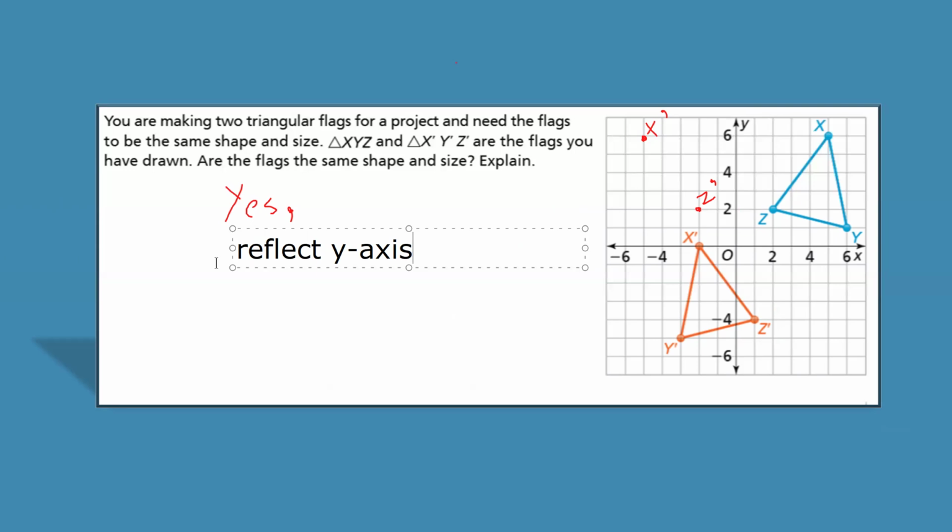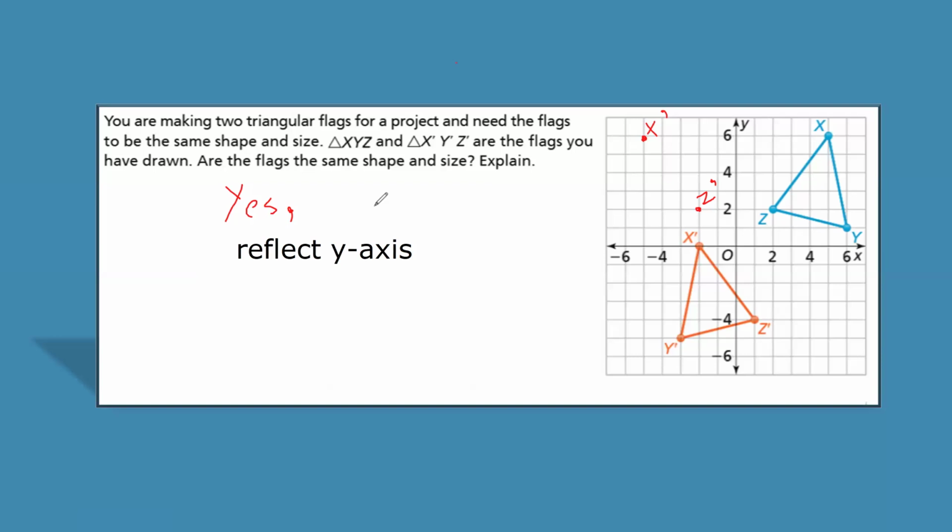Then what happened? My point Z is here. How did it become there? I told you before, choose one point and work with it. Don't choose all points at the same time. So only 1 point. I will focus on Z prime. How did it move from here to here?